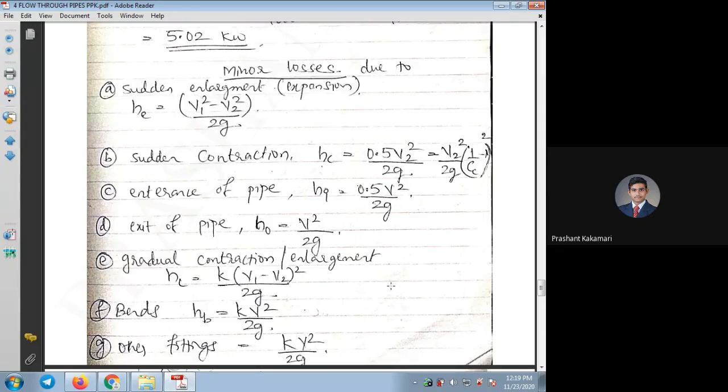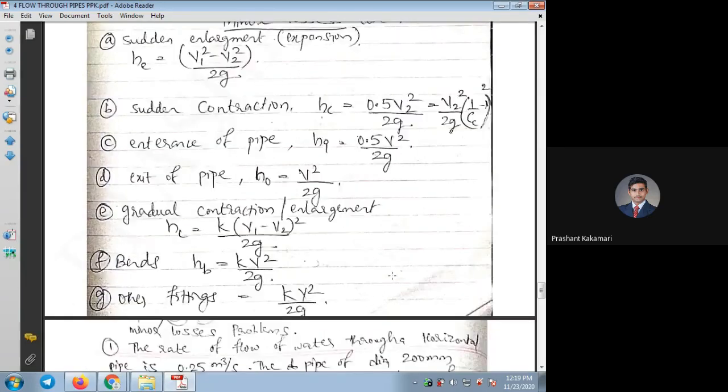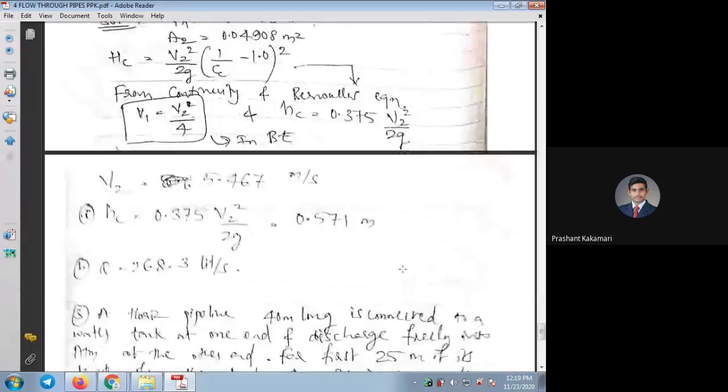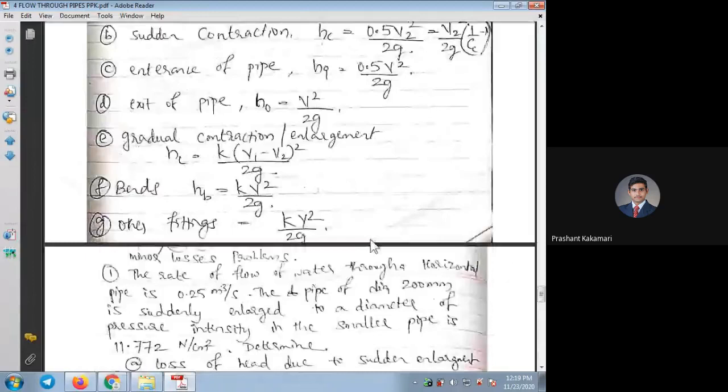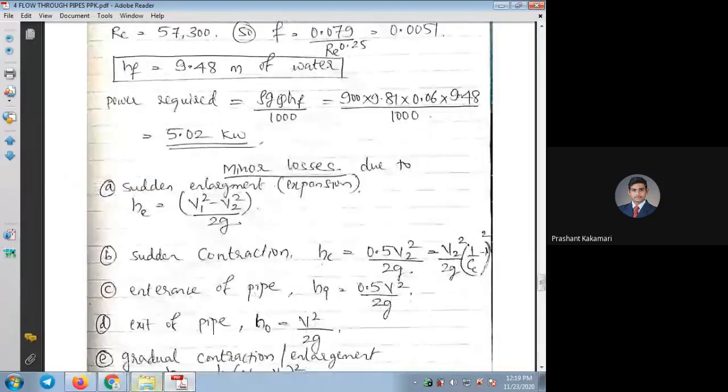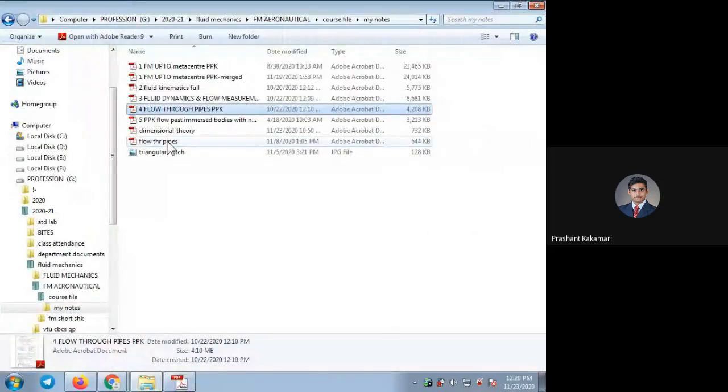The diameter is going to suddenly increase in one step itself, to very large values. Such a type of connection you can imagine. You can recall that from this PDF, flow through pipes.